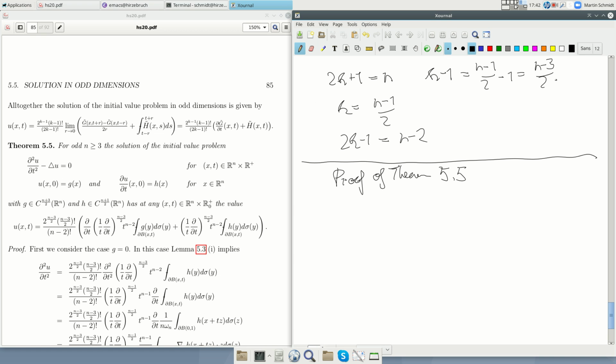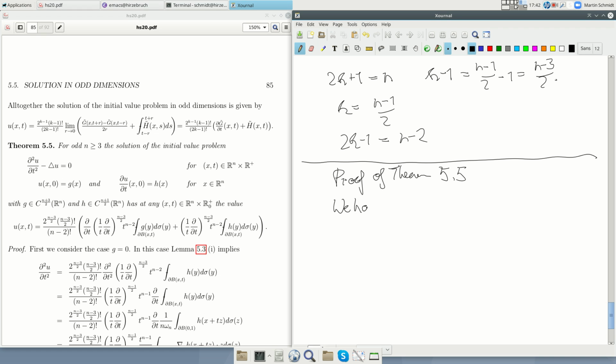Until now, this is true also in dimension 3 and in dimension 2. Until now, we haven't really proven that the formula which we obtained really solves the homogeneous wave equation.